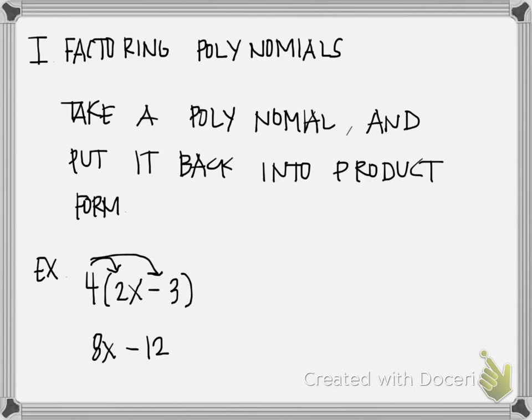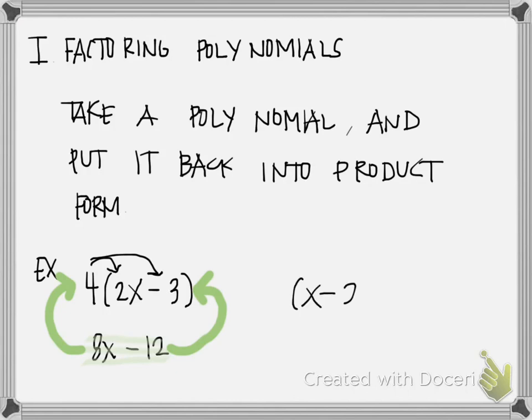So right now we're going to start out with the 8x minus 12, and we want to turn this polynomial back into what we started with here, okay? So we're going to know this right here, this 8x minus 12, and we're going to turn it back into the multiplication.